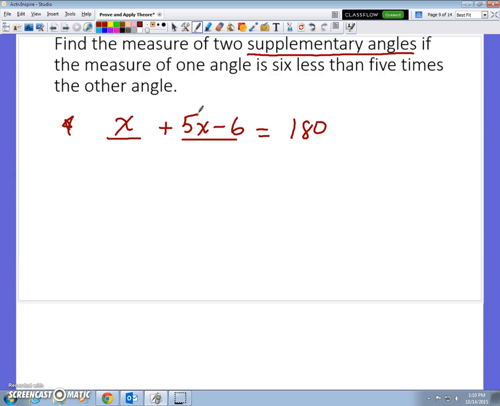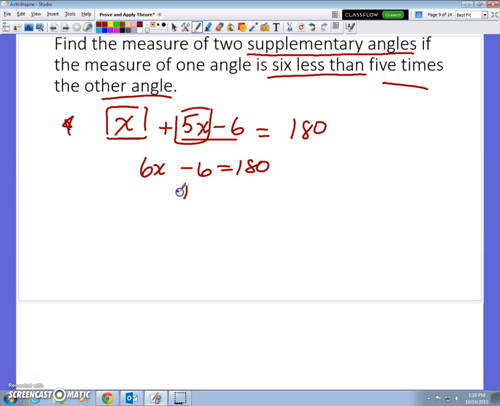I don't know either of the angles, so I call the first angle x. The angle that it's describing is 5x minus 6, 6 less than 5 times the other angle. Now I have this algebraic equation, and I have like terms here. x and 5x make 6x minus 6 equals 180. We'll just continue to solve algebraically.